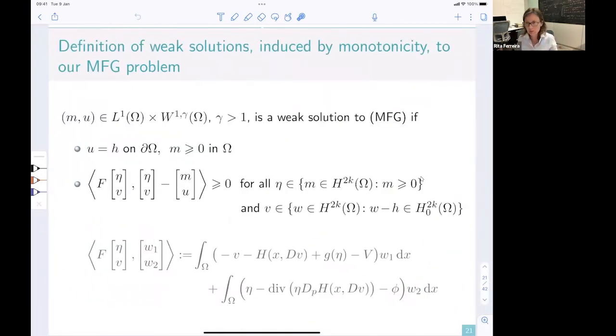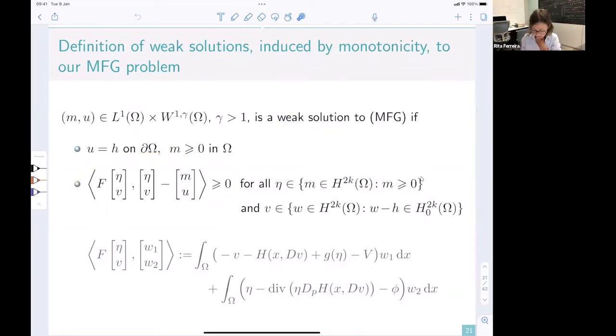And so having this problem at hand, we introduced the notion of weak solutions to our mean field game. And this is going to be a pair (m, u). We want m to be a probability density function. u is in some Sobolev space. It's going to be a weak solution if u satisfies the Dirichlet boundary condition at the boundary of omega, m is non-negative, it's the density distribution of the agents, and this inequality holds.